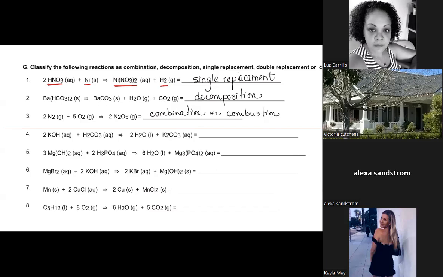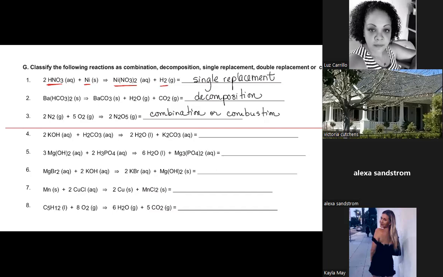So remember, when it comes to the classifications of the reactions, a combination reaction has 2 components that turn into one single product. In decomposition, we start with a reactant that turns into many products. In a single replacement, we're going to have an atom that is going to replace one of the atoms that were in a compound in the reactant side.